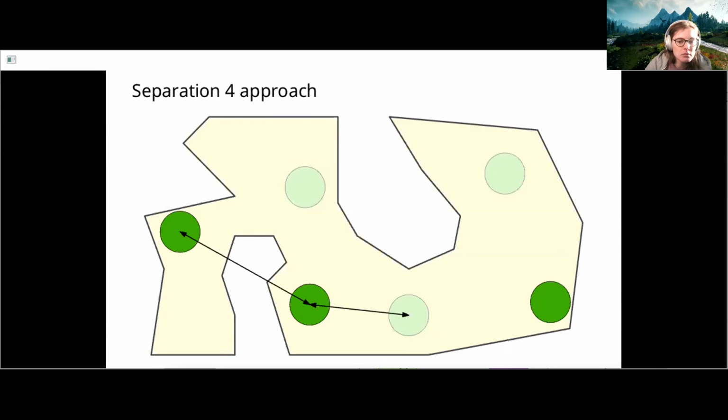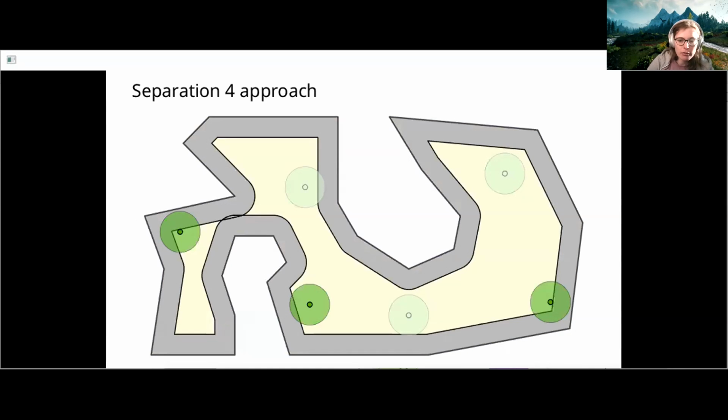Okay, so the usual trick of offsetting the boundary of the polygon to build the free space, and now we can only consider the center points of the robots. This is the moment where, as I said, you can easily see that there is no solution. The robot on the left-hand side cannot move through this narrow corridor, and thus there is no target location where it can end up.